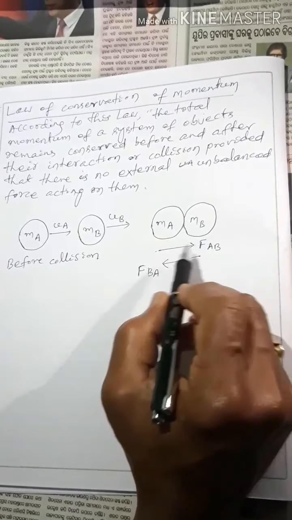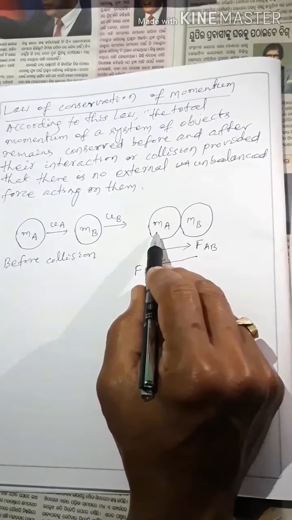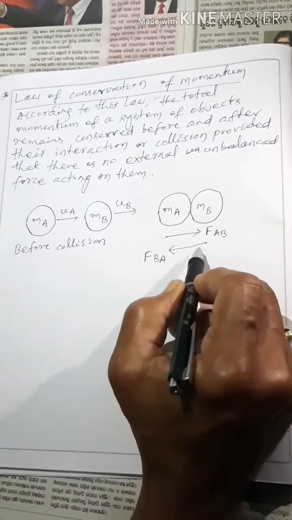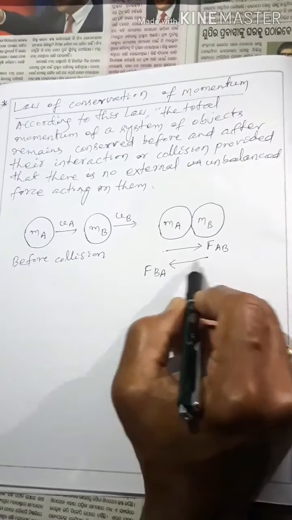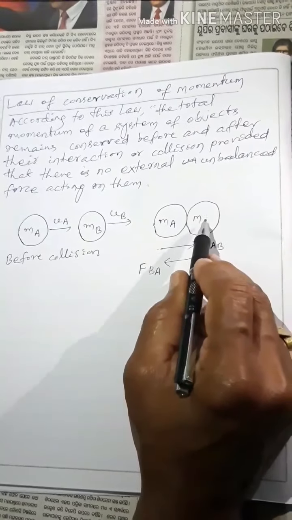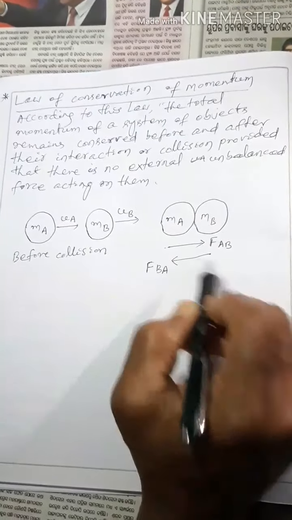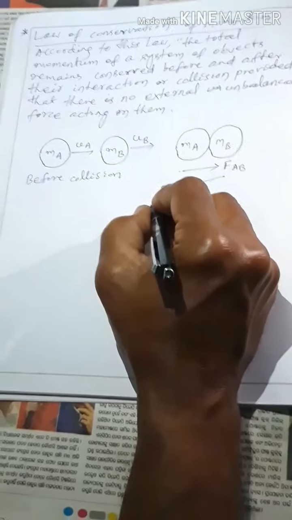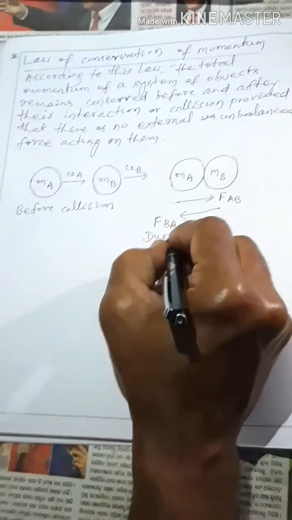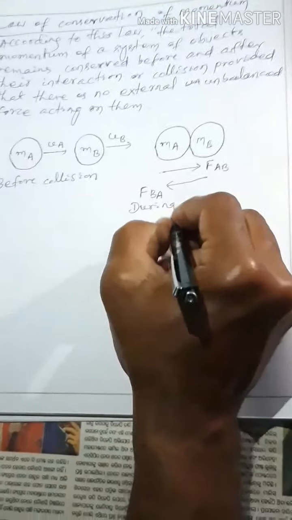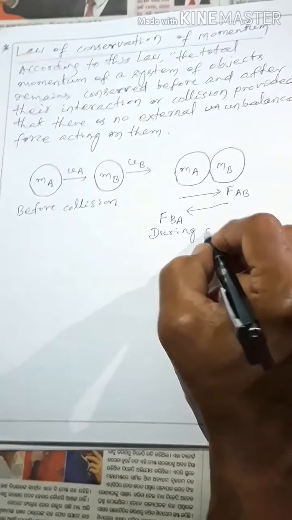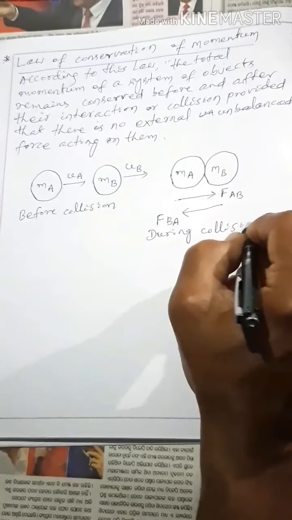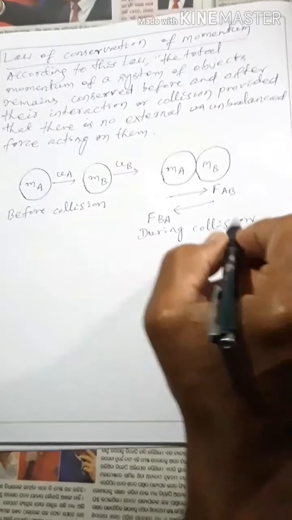Now FAB is the force exerted by body A on B, and FBA, the opposite force, is exerted by body B on A. This is during collision.